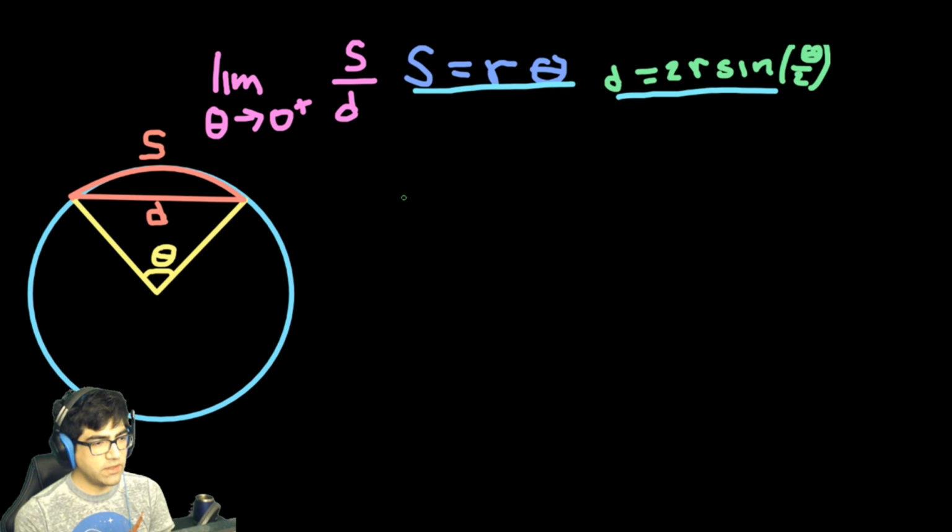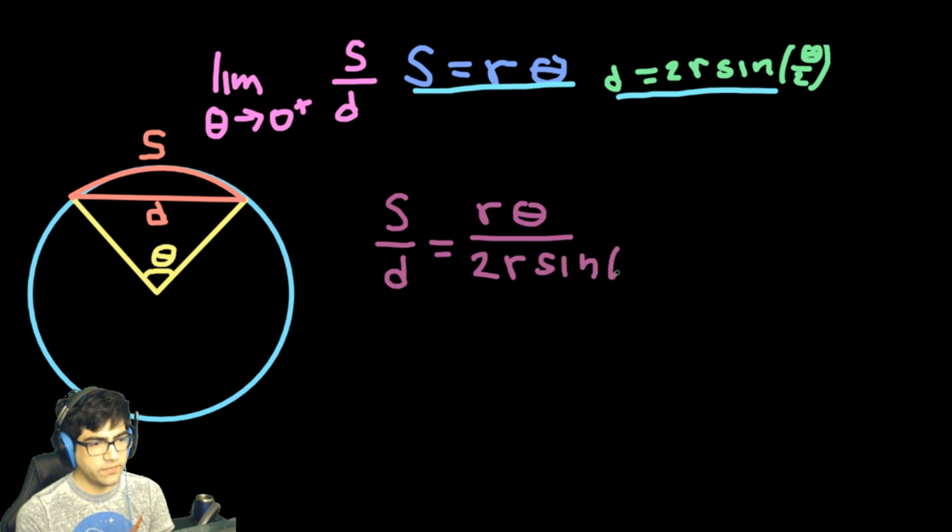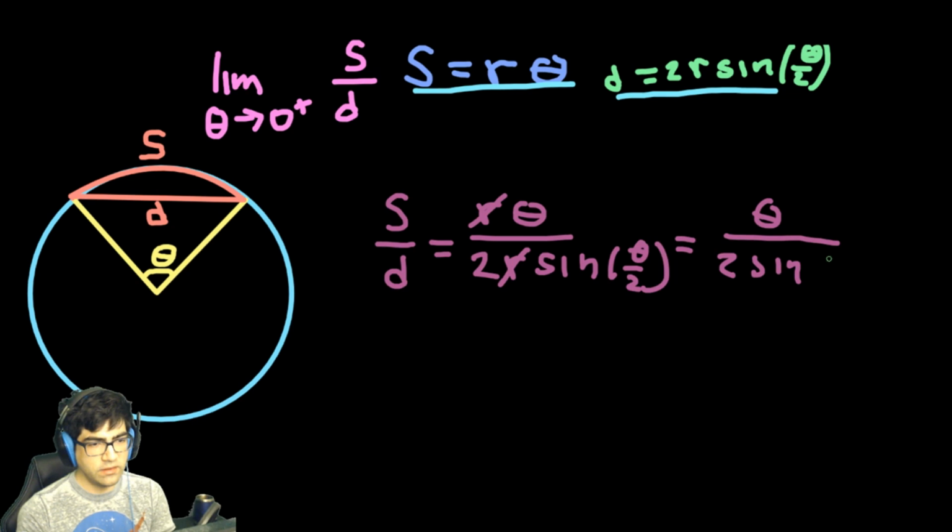That's going to be s over d equals r theta over 2r sine theta over 2. And from here you can see that we can cancel some r's, which would mean that's equal to theta over 2 sine theta over 2.